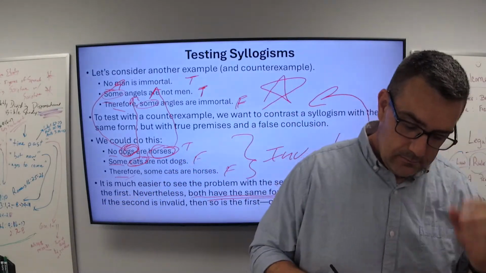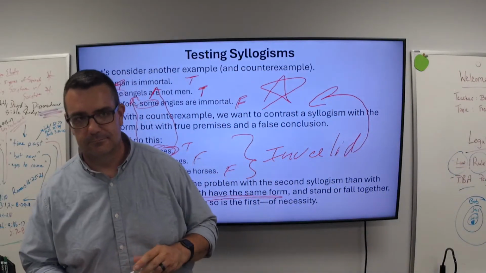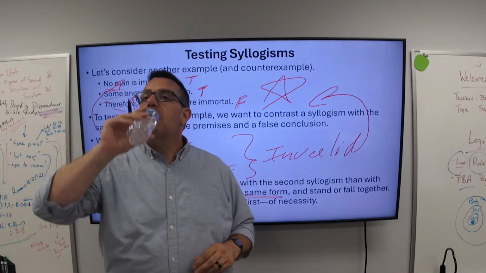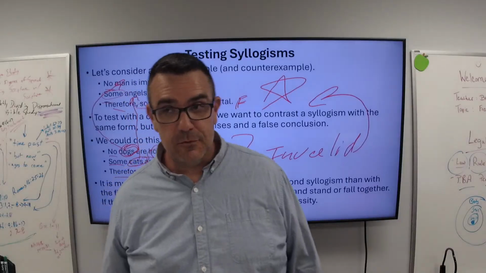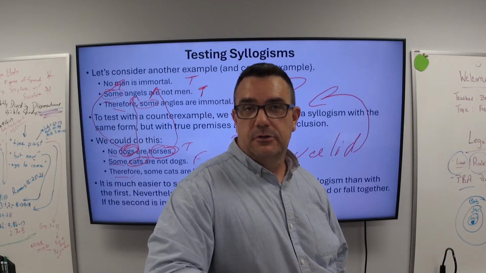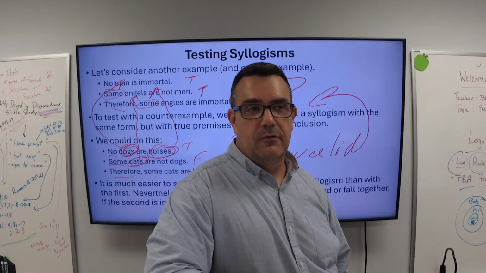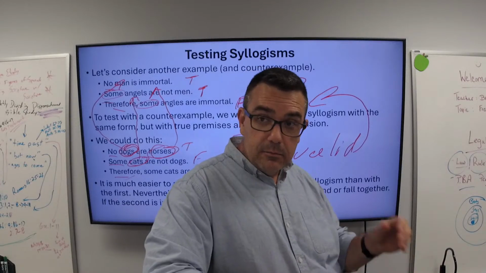You have to be careful if you use the word some, because some implies both. You got to be careful if you use the word all, or if you use the word what? Some. So I used the illustration already in a previous lesson. My wife will say, you always do this. Right?